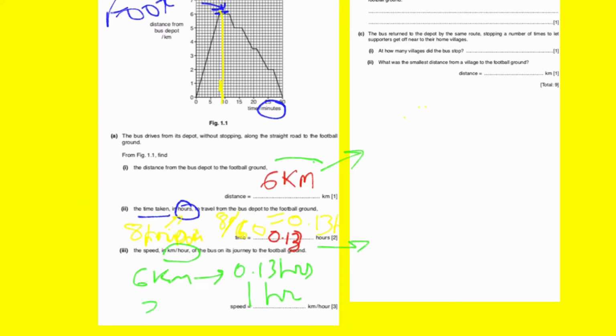So we will cross multiply this and find the answer. I will solve it in this area because space is not there. So 1 into 6 divided by 0.13 equals x. So 6 divided by 0.13. Let's calculate on the calculator.